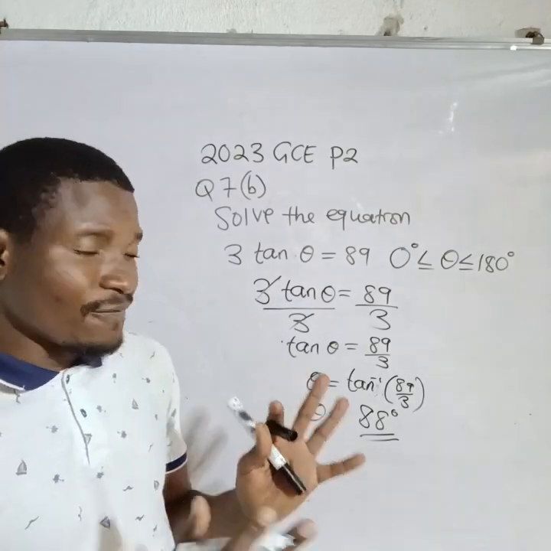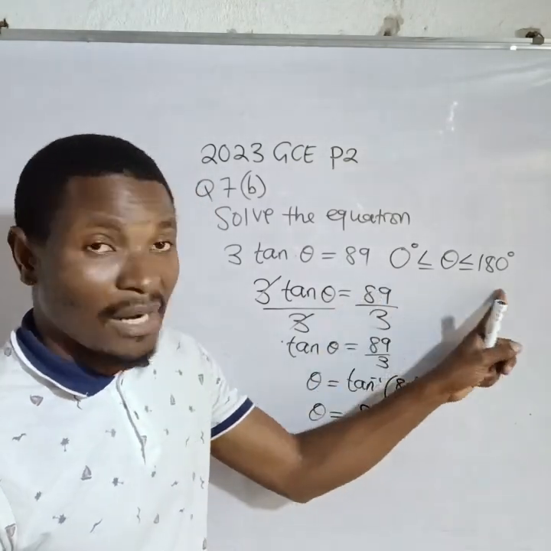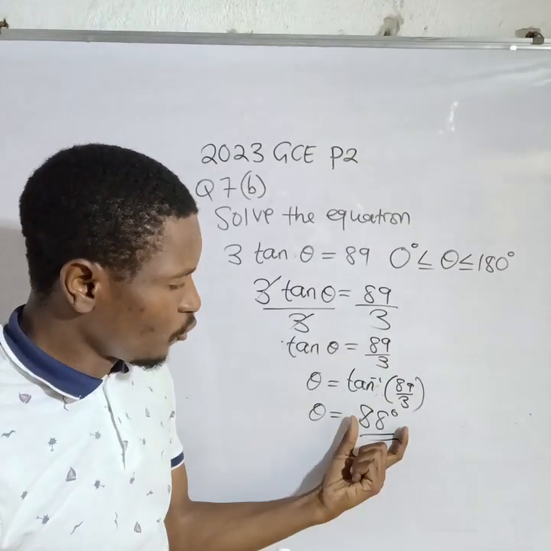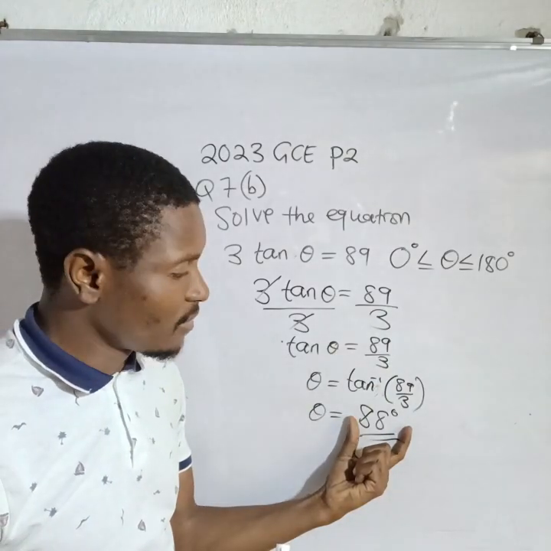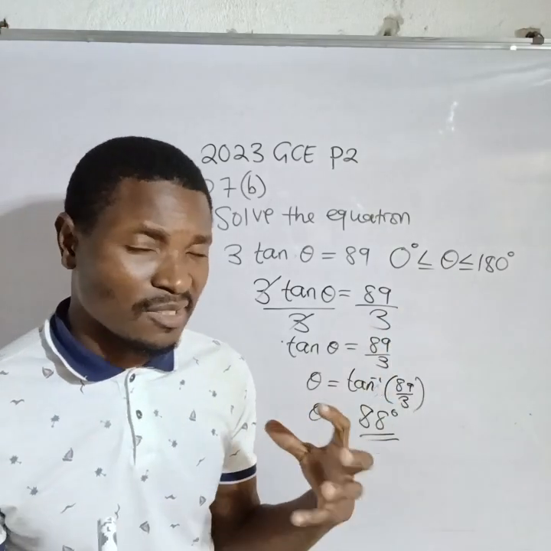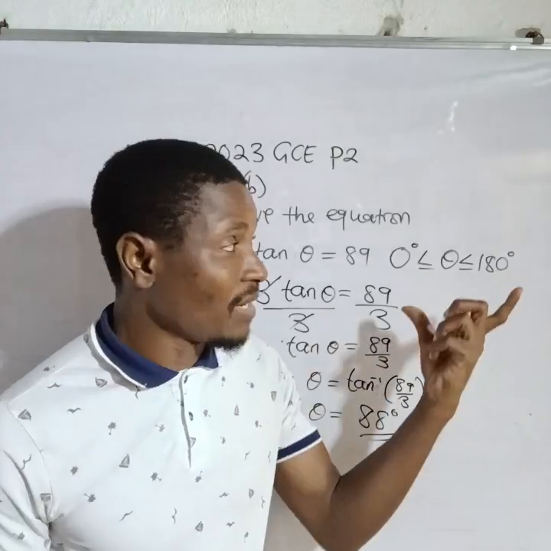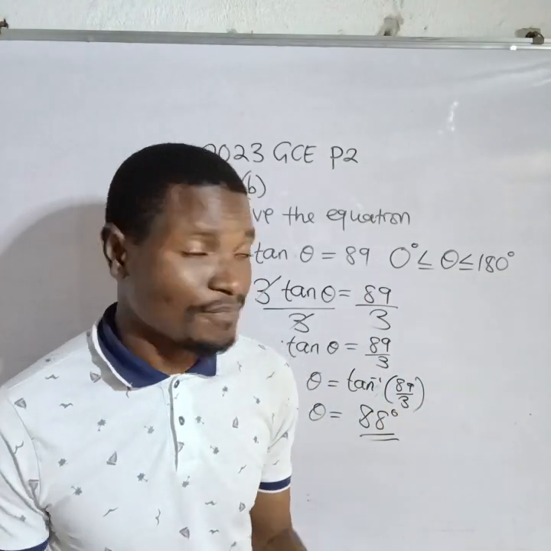Now, after you do that, the next thing you are supposed to do is go back to the range. Put this 88 degrees into where there is theta and see if the range is making sense, or that 88 is making this valid.